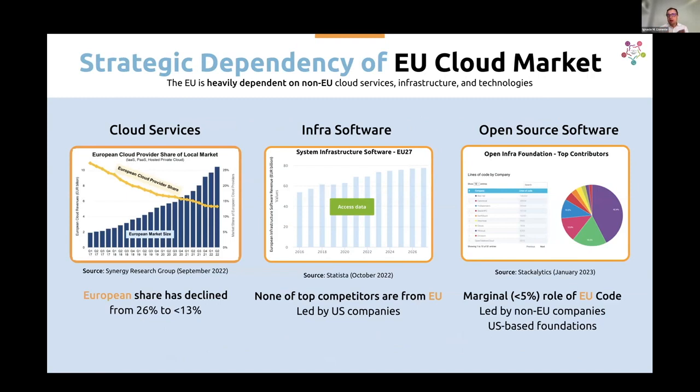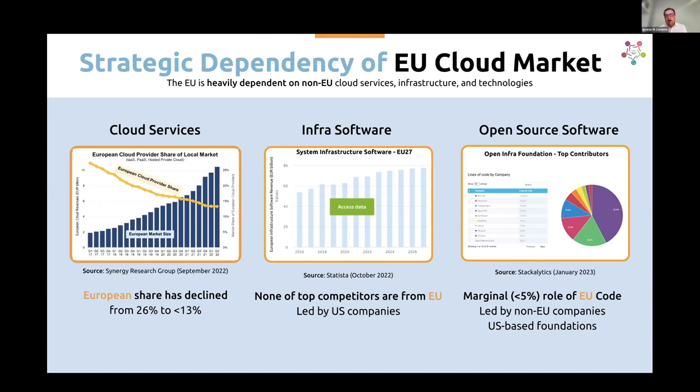About cloud services, you have a graph that shows the growth of the cloud market in Europe, and we have to highlight that the European share has declined from 26% in 2017 to 13% in 2022. This is quite important. That means the market in Europe is growing, but the share held by European companies is decreasing quickly. That's cloud service providers.